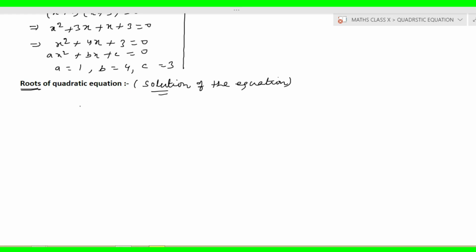Suppose we are talking about x square minus 36 equal to 0. This also is a quadratic equation. If we want to arrange it in the standard form, it will become x square plus 0 into x minus 36 equal to 0.